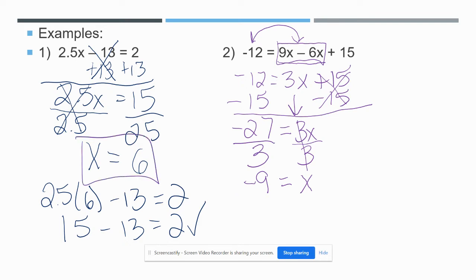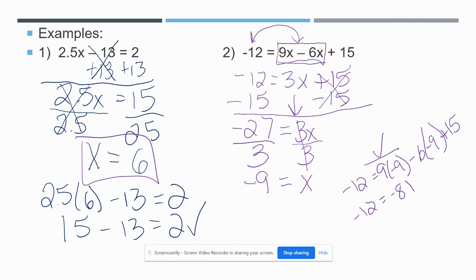Make sure that you check that your x makes sense. So we're going to do our check. Negative 12, 9 times negative 9, minus 6 times negative 9, plus 15. 9 times negative 9 is negative 81.